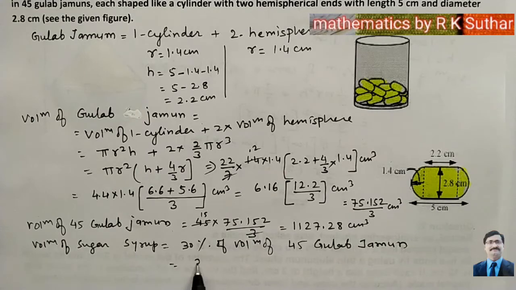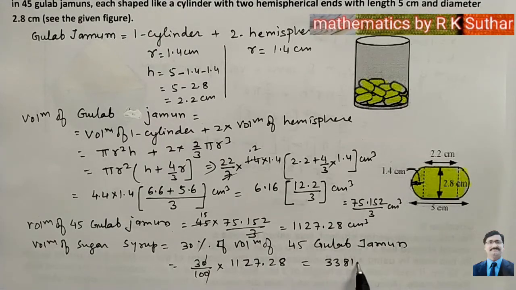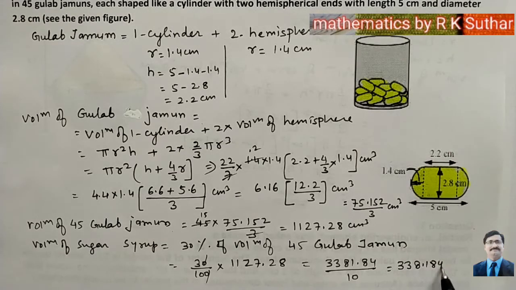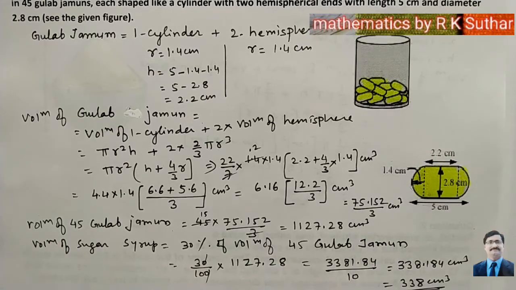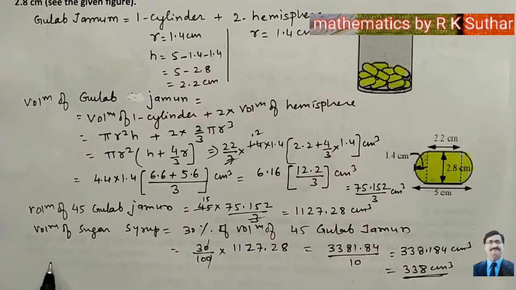So 30% means 30 upon 100. Volume of 45 gulab jamun is 1127.28, we will get here 3381.84 upon 10, and this we divide by 10, we get 338.184 centimeter cube, and this we write approximately 338 centimeter cube. Okay, so this is the volume of the sugar syrup.